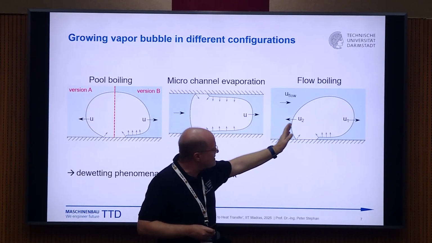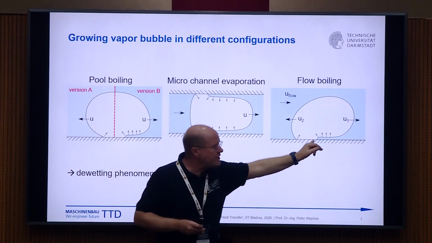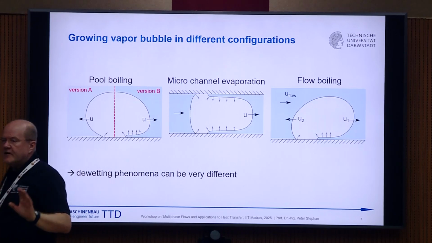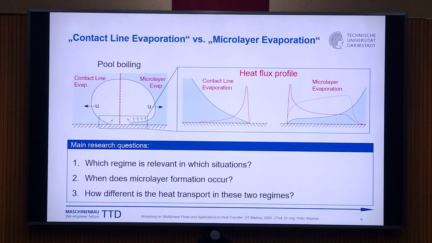Maybe the bubble is flowing slightly in this direction, when it's detaching, it's moving that way. So here you have different local configurations, local interactions between the wetting phenomena and the formation or non-formation of microlayer. So de-wetting phenomena can be very different in these situations.